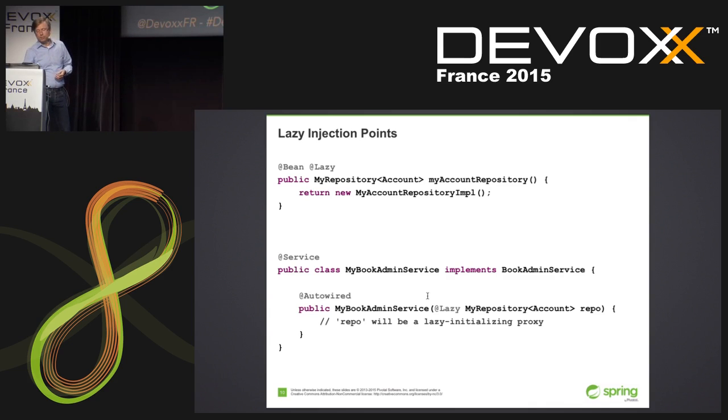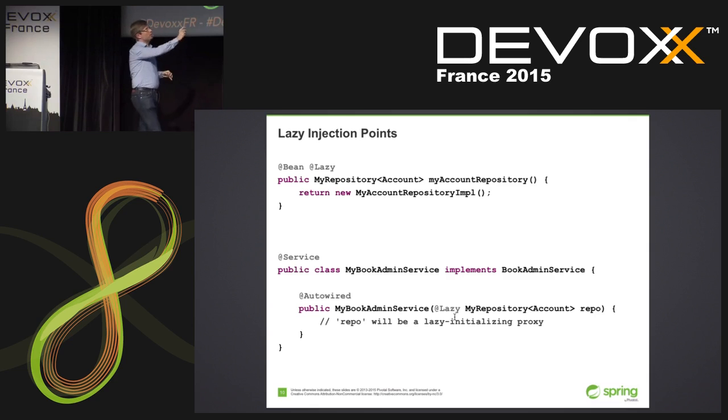@Lazy can also be put down here now, at the injection point. If you're saying, I want this MyRepository of Account, and I'm going to consume it in the constructor because I prefer constructor injection, but I'm not going to use it right now. I'm just going to store the reference in some variable. I'm going to use it later on when some method calls come into that MyBookAdminService.